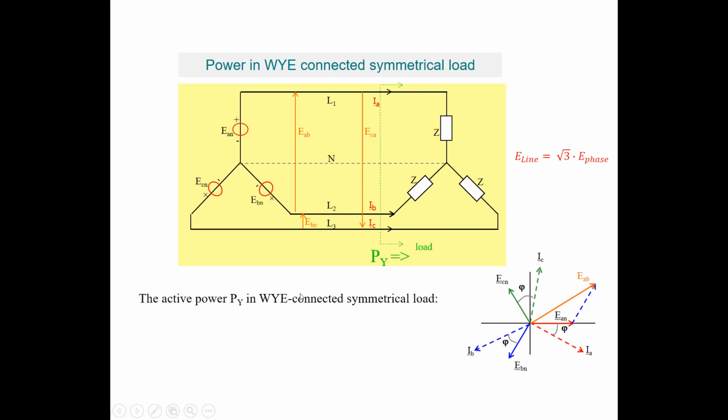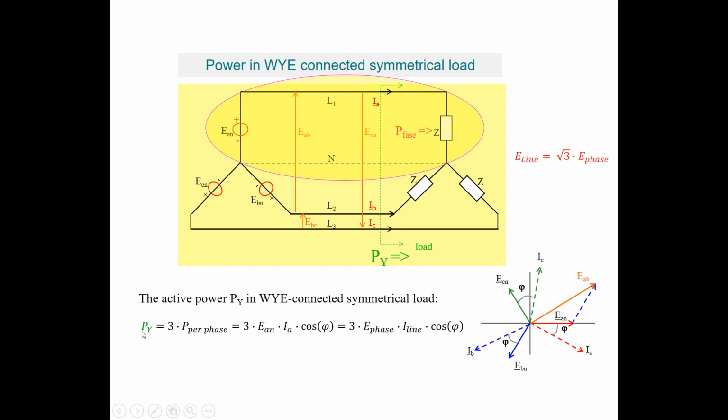The active power in this Y-connected symmetrical load is equal to the power in this load plus the power in that load plus the power in that load. So it's 3 times the power dissipated in one phase.